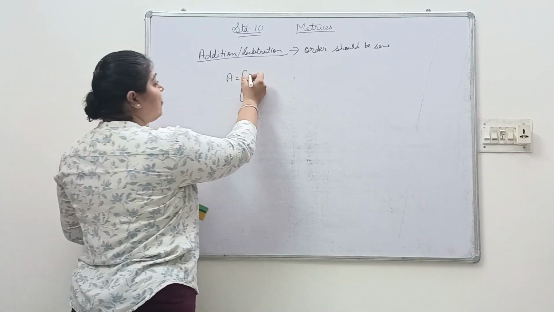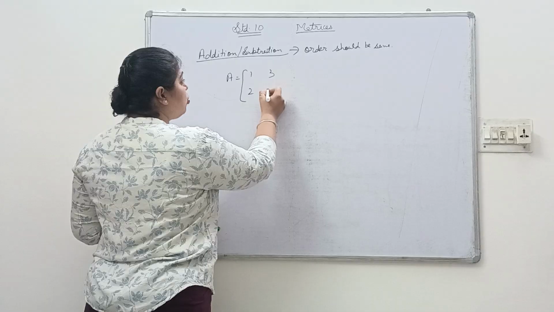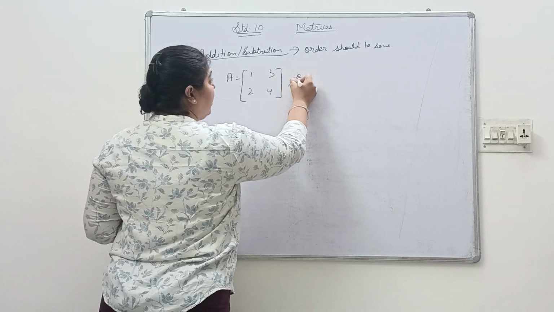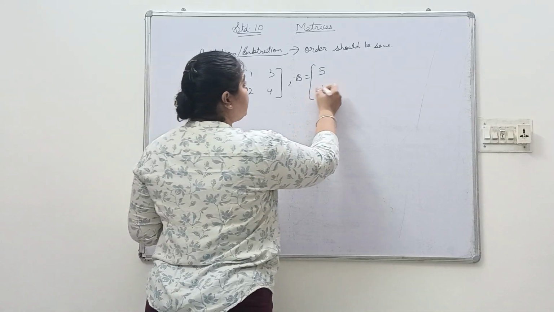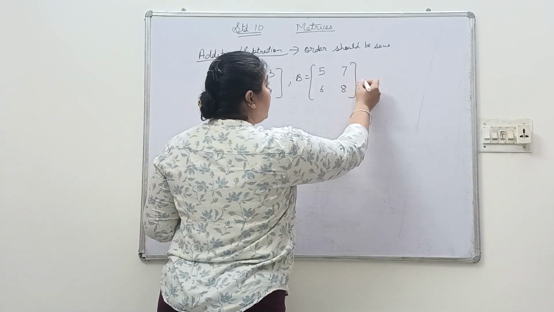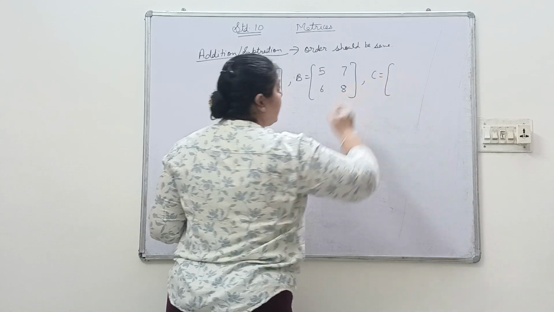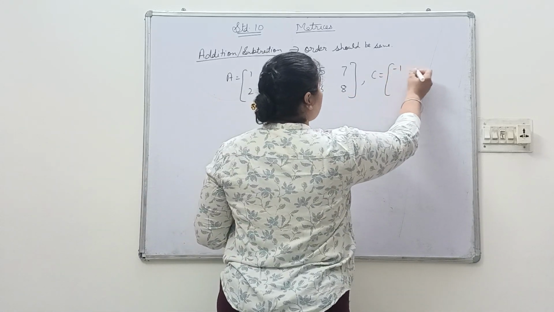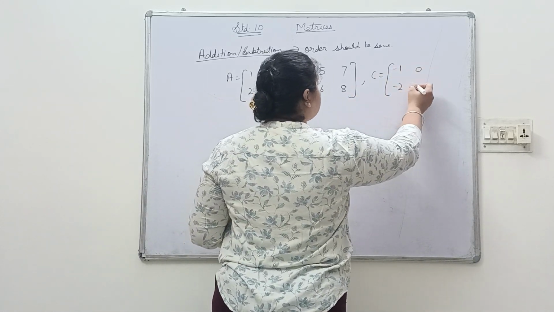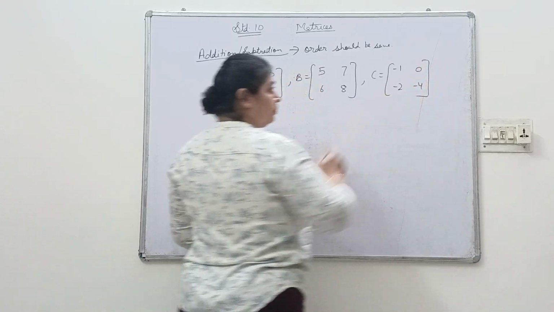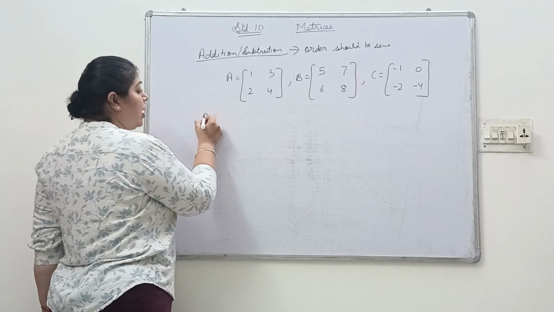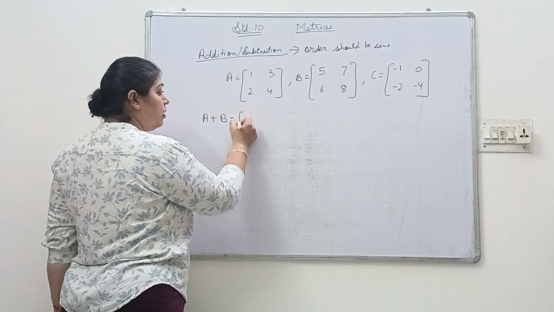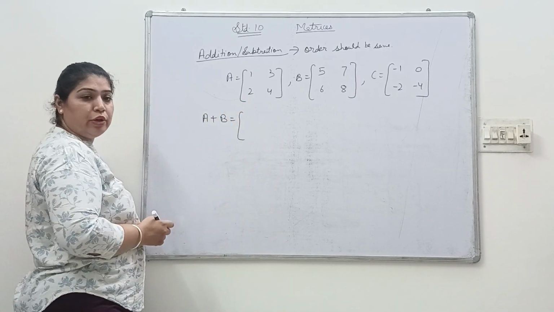Let us suppose I am having a matrix A with elements 1, 2, 3, 4, a matrix B having elements 5, 6, 7, 8, and a matrix C having elements -1, 0, -2 and -4. These are my 3 matrices. If I want to add A plus B, first of all check the order.